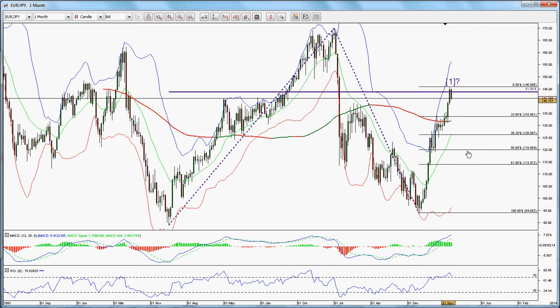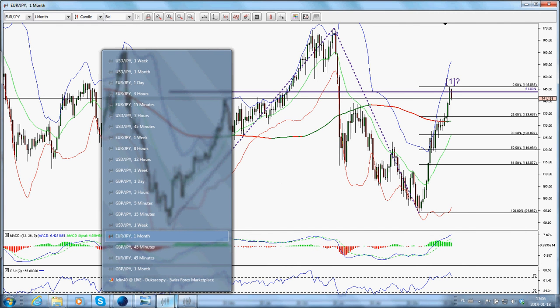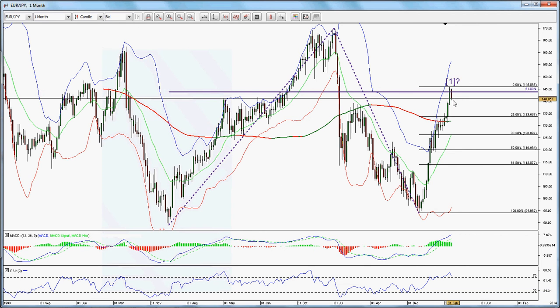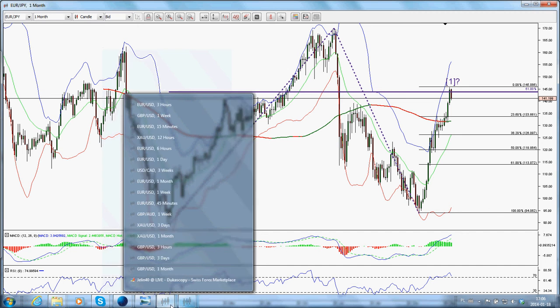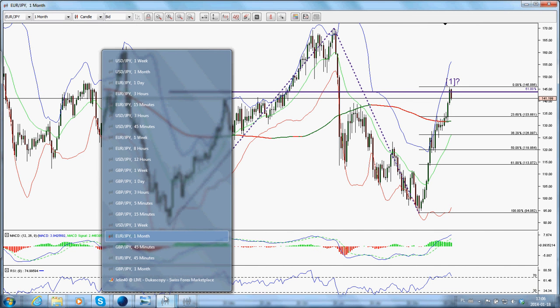This is important: the previous candle was green, so this was strong. The market may still react to that candle, and sometimes the market does it, so you have to be prepared for that. Even though you see such a strong red candle at the moment, it is not completed yet.